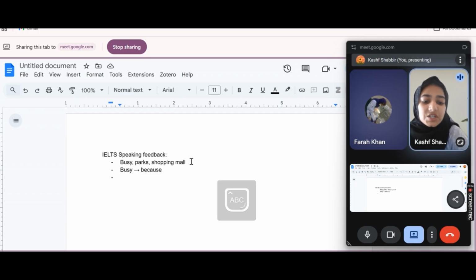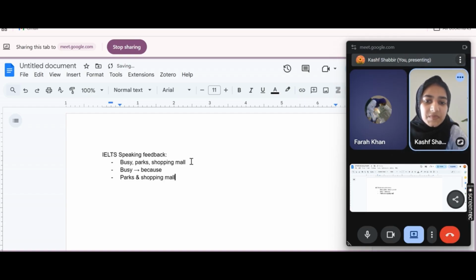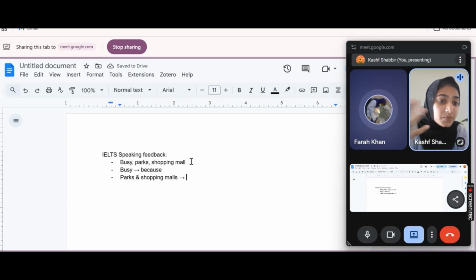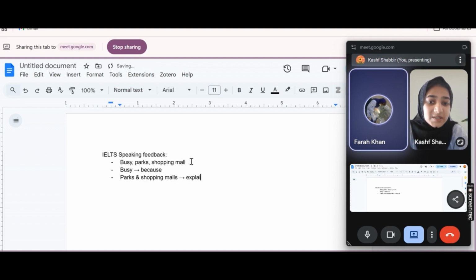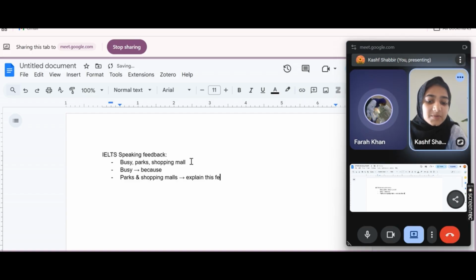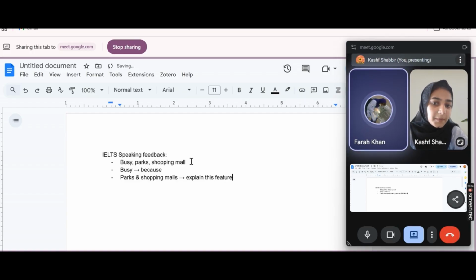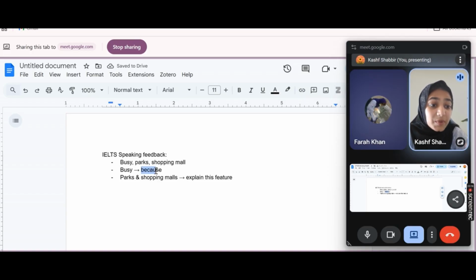So you gave a reason for what can be done in those shopping malls and parks. What's the purpose of these shopping malls? So you explain this feature of your hometown. This is what you need to do, and that will build your fluency.